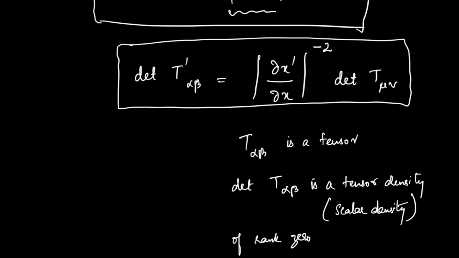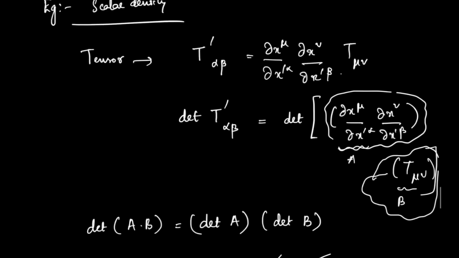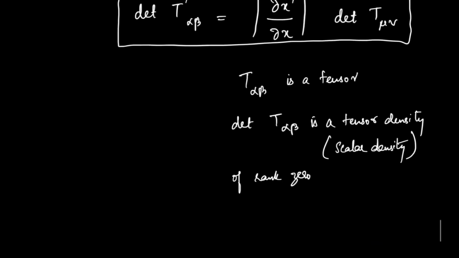Now we can apply this to the fundamental covariant metric tensor also. So here t alpha beta is a rank 2 tensor, right? This t alpha beta or t mu nu is a rank 2 covariant tensor. We know another covariant rank 2 tensor, which is our fundamental metric tensor.